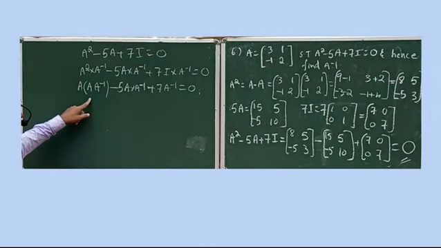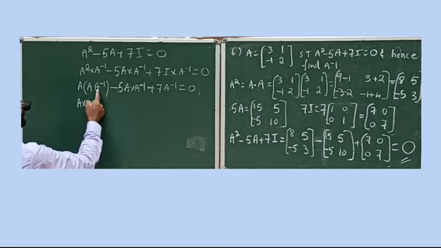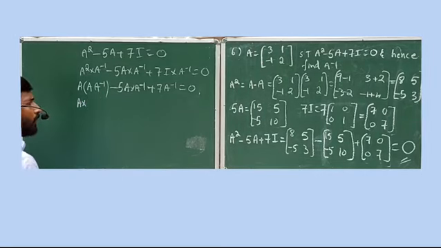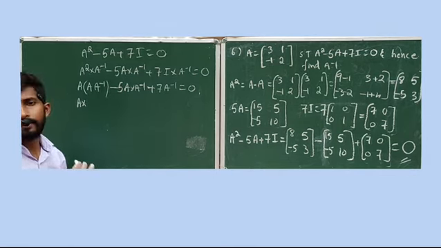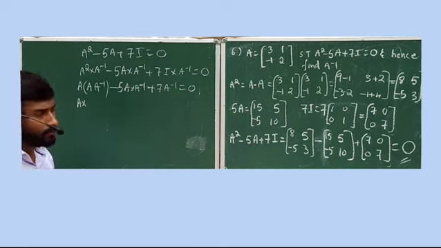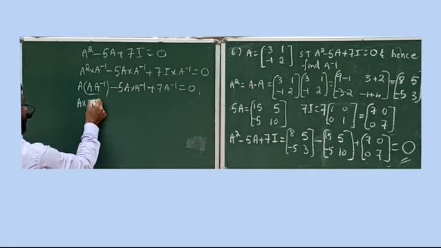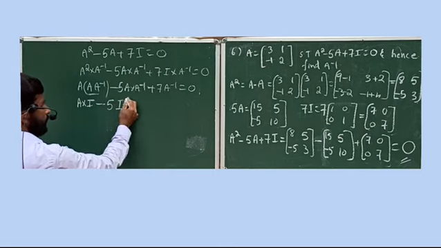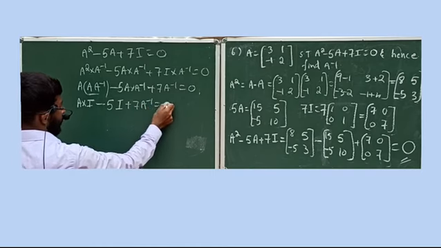Now simplify this one again. What is A into A inverse? By the inverse formula, A into A inverse equal to A inverse into A is equal to the identity matrix, right? So A into A inverse is the identity matrix. So A into I minus 5 into I plus 7A inverse is equal to 0.